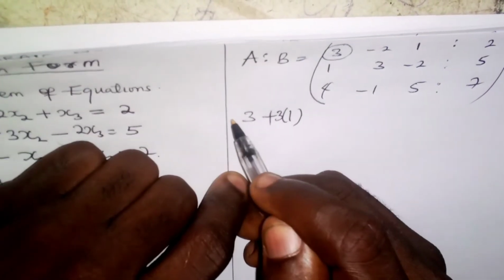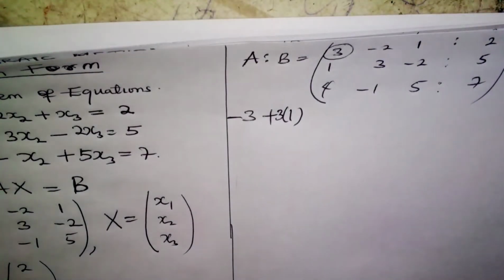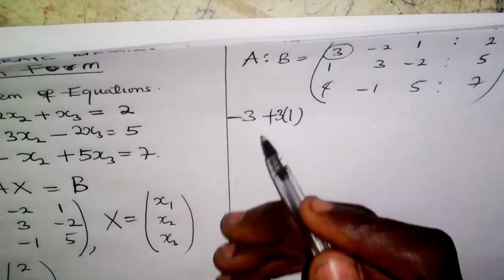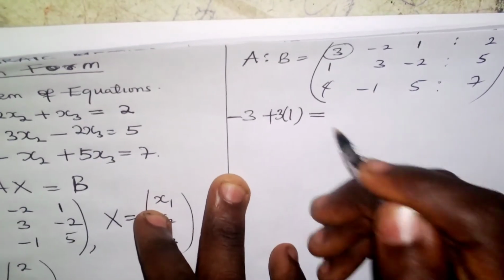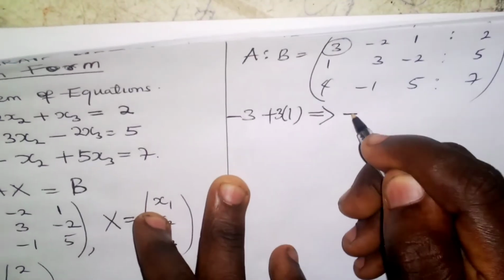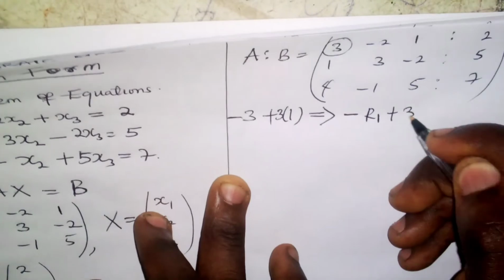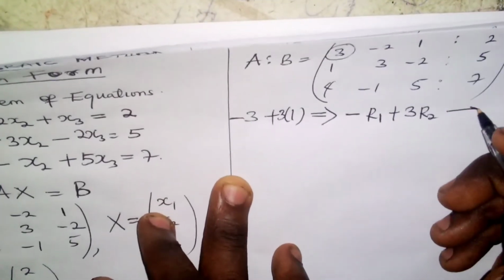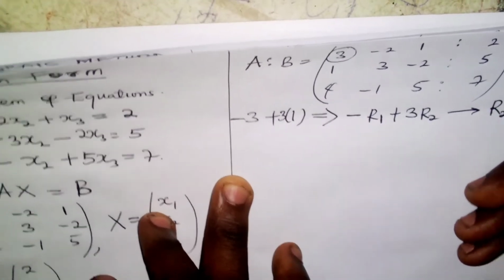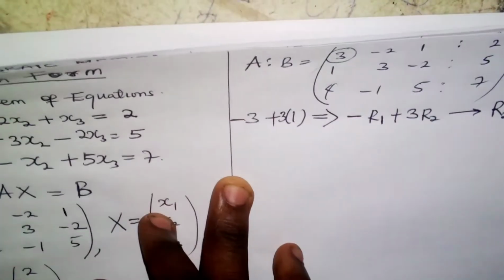So your minus sign is always added to this place. If you have to introduce any minus, you add it to this part, but this point must always be what? Positive. And we see that this will give us what? 0, which we can write as minus 3 here for row 1 plus the scalar, then 1 here is for what? Row 2, and the 0 we are to get is for a new row 2. Take note of that.